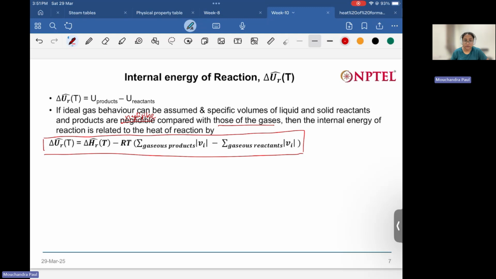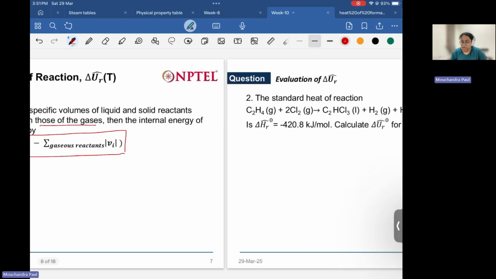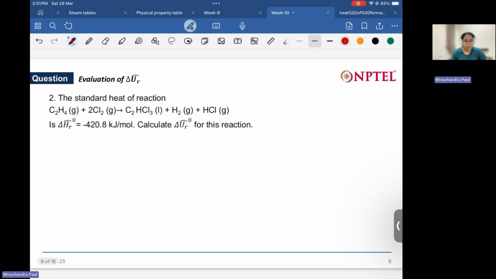So all those reactants and products which are in liquid or solid state are neglected when you calculate the change in internal energy of the reaction. So let's solve one problem using this concept.